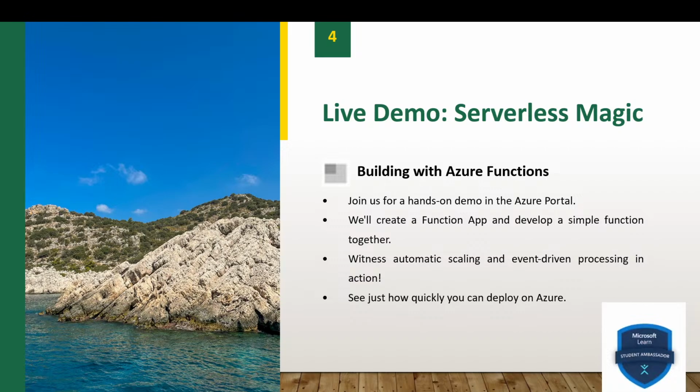Third one, configure your function app. Choose the Azure subscription you want to use. For resource group, either select an existing resource group or create a new one. A resource group is a container that holds related resources for your Azure solution.